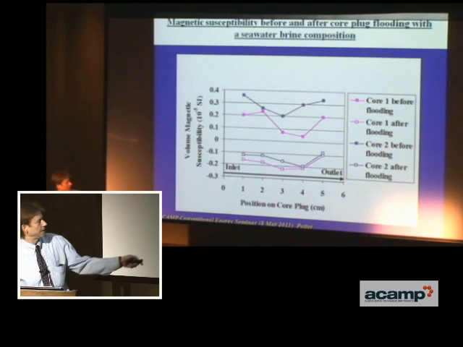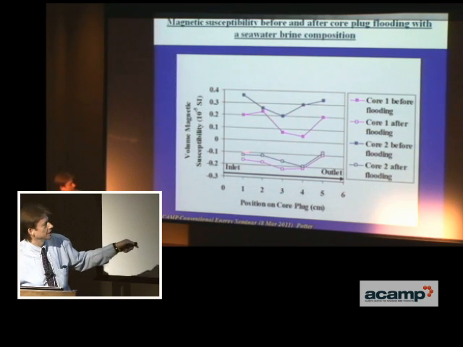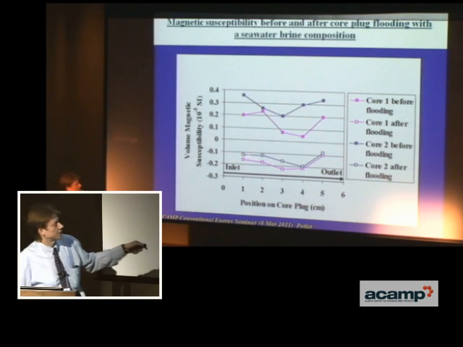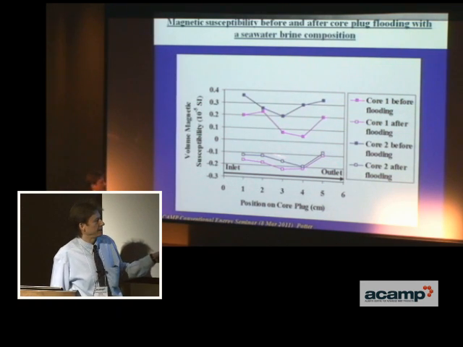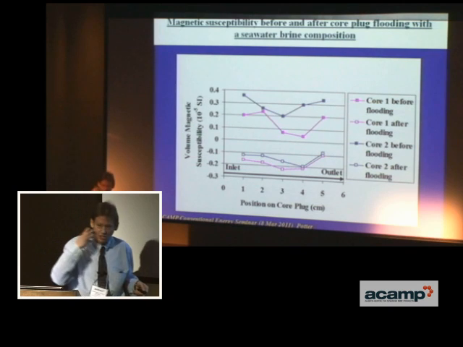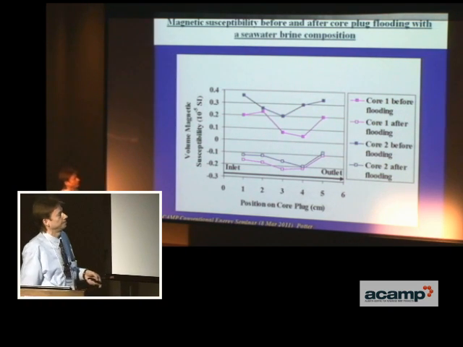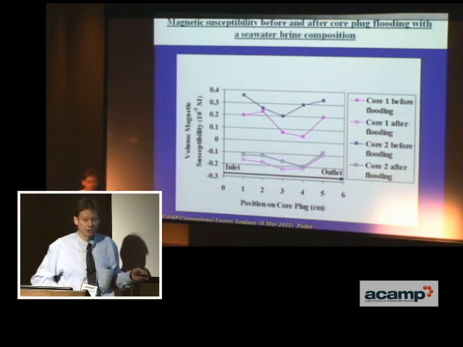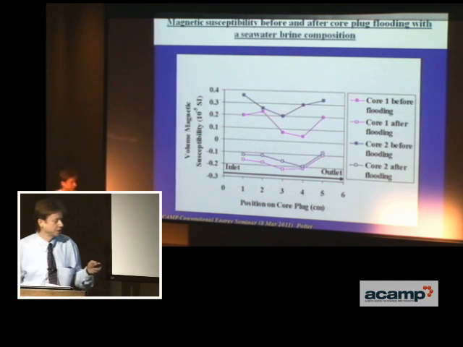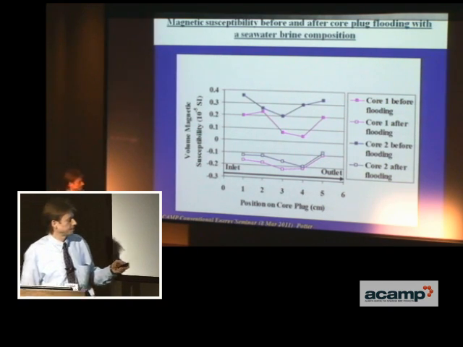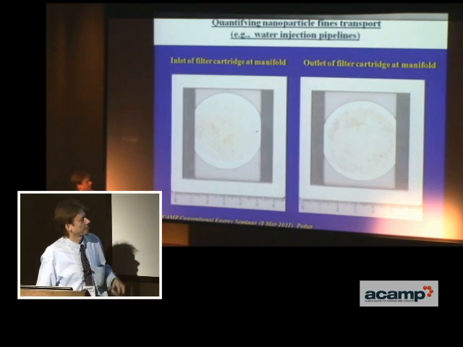And what happens after the core flood is that the magnetic susceptibility goes down. In this case, this is due to flushing out of these nanoparticles in the core. So we can sensitively monitor this fines migration using these magnetic techniques.